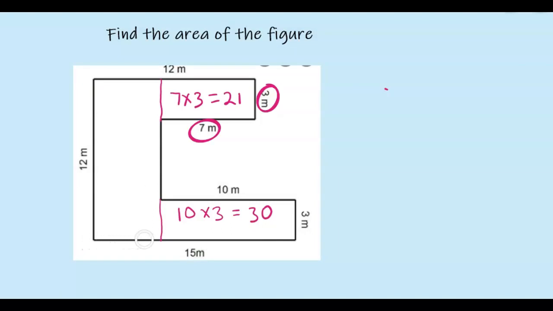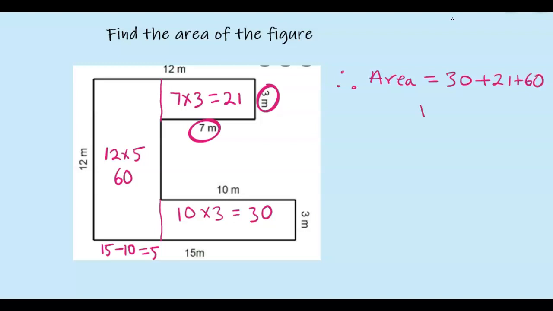So this small portion here is just going to be 15 minus 10, which gives us 5. So here will be 12 times 5, which is 60. Therefore, the area of this is 21 plus 30 plus 60, which is 126 meters squared. If you like, you can cut it another way and you arrive at the same answer.